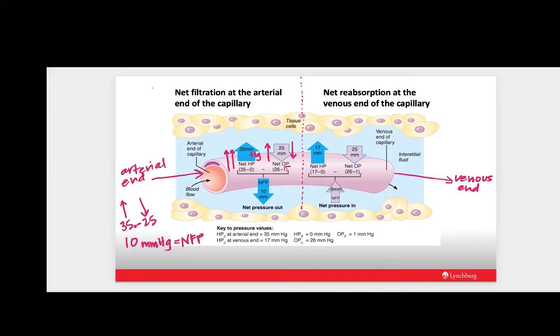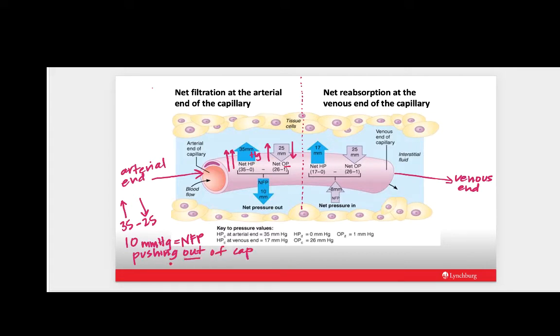So this 35 is larger. Pushing out was a larger force than pulling back in. So this net filtration pressure on this end of the capillary bed is going to be 10, and it's going to be pushing fluid out. Okay, so we're going to say pushing out of the capillary.